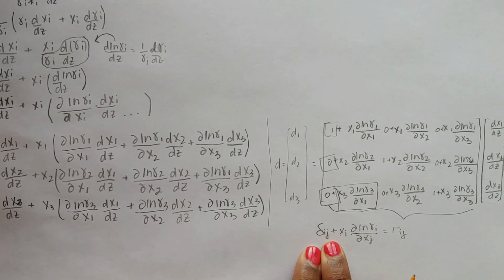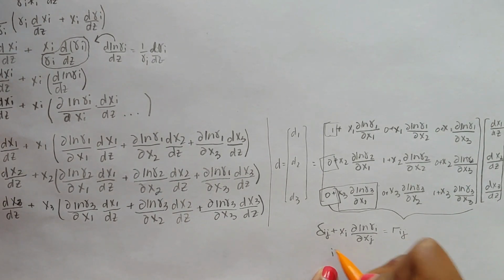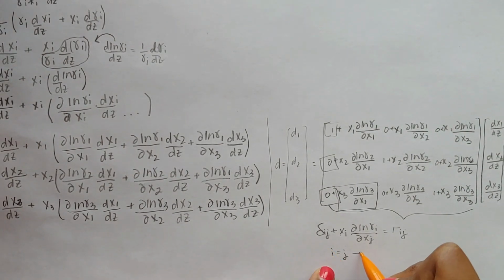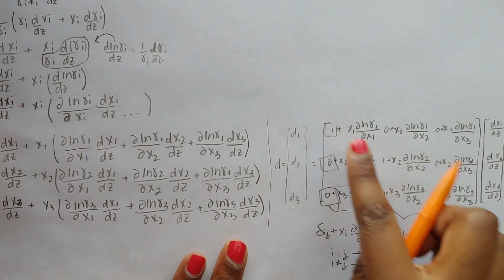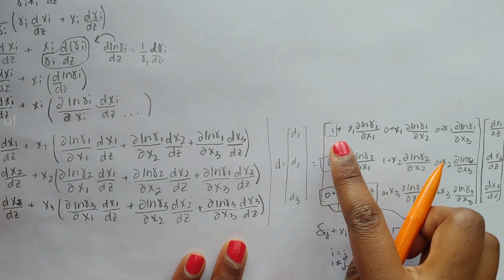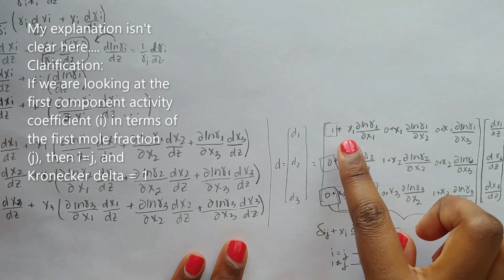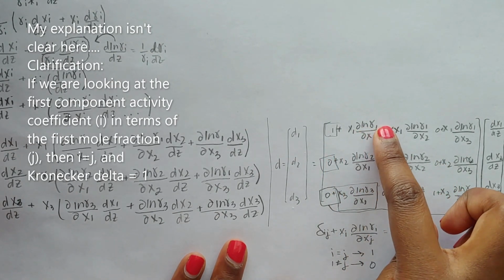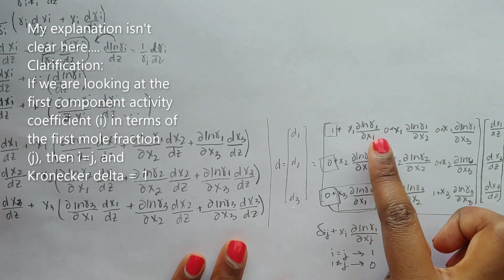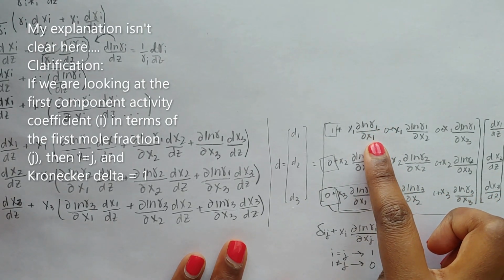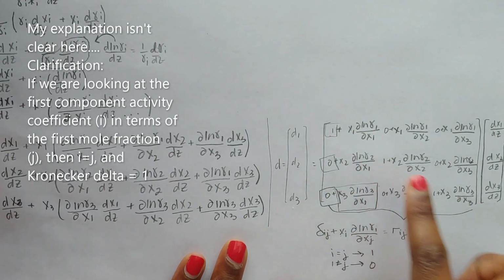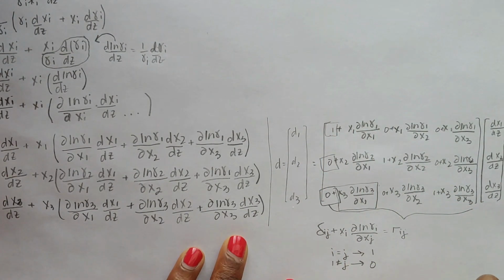The Kronecker delta says that if i is equal to j, then our Kronecker delta value is going to be 1. If i is not equal to j, our Kronecker delta value is going to be 0. So that's why here in our matrix, if it's the thermodynamic factor in terms of the same mole fraction, then there will be a 1 value in front. That's what the Kronecker delta is.